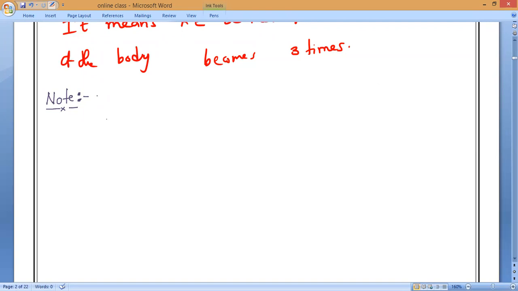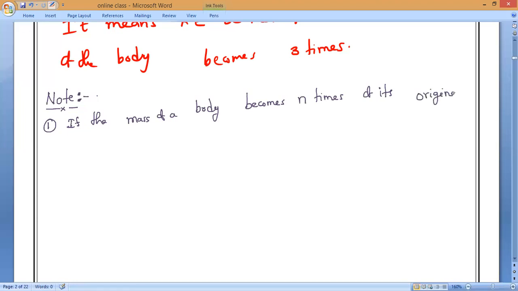Note. First point: if the mass of a body becomes n times its original mass, do you understand, everybody? By this time, which one is constant? Velocity is constant, sir.